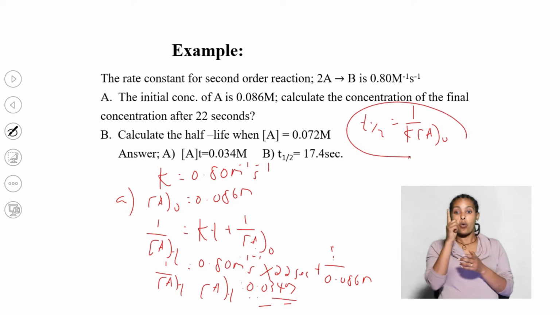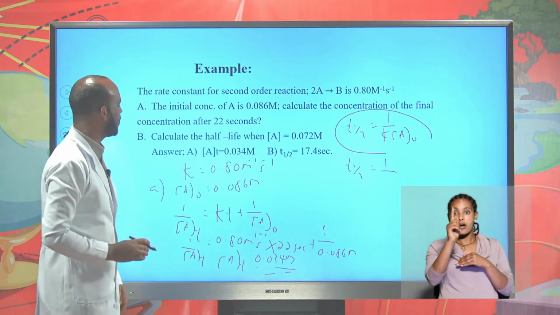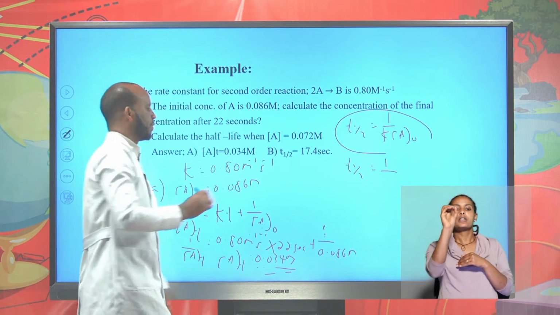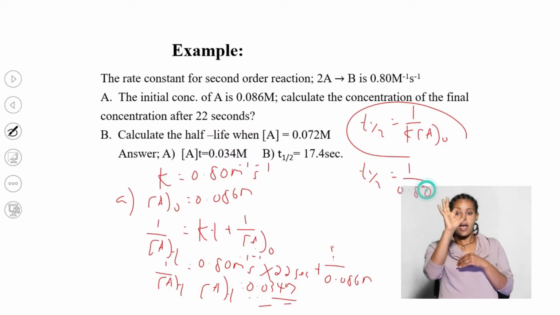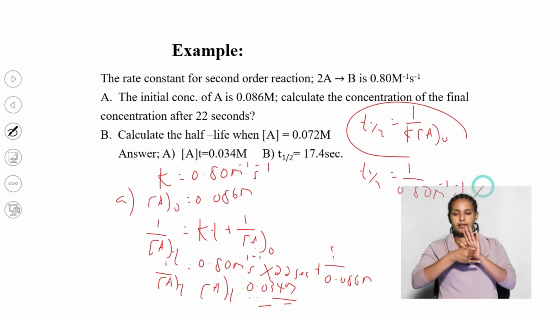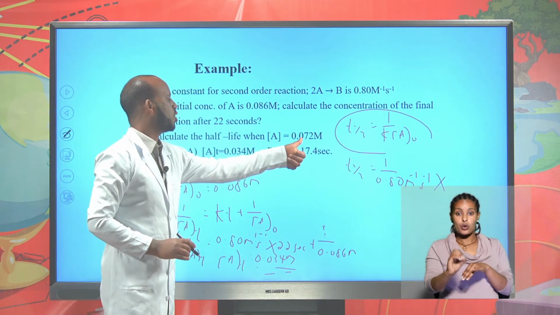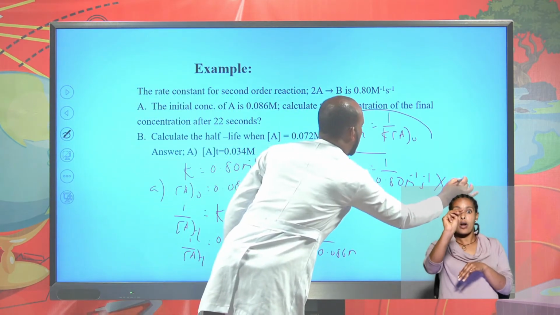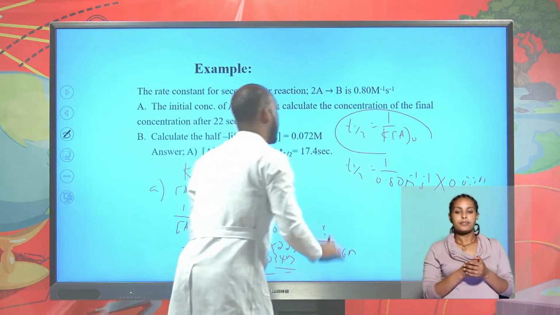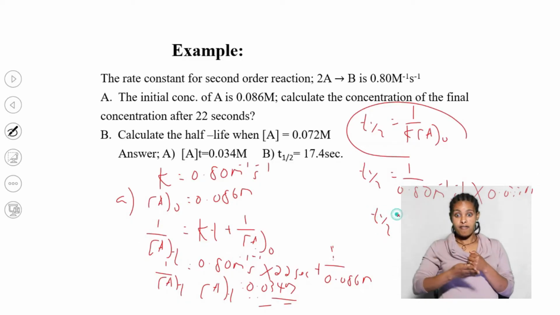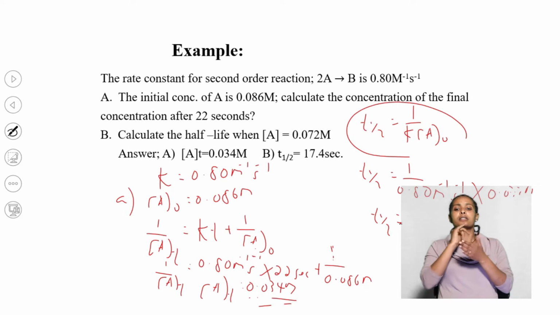So t half equals 1 over the rate constant 0.80 per molar per second times the initial concentration 0.072 molar. Now t half, the half-life for this reaction, is 17.4 seconds.